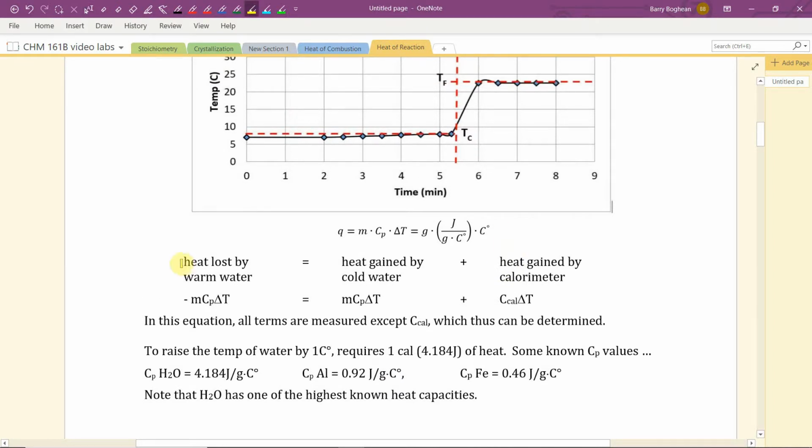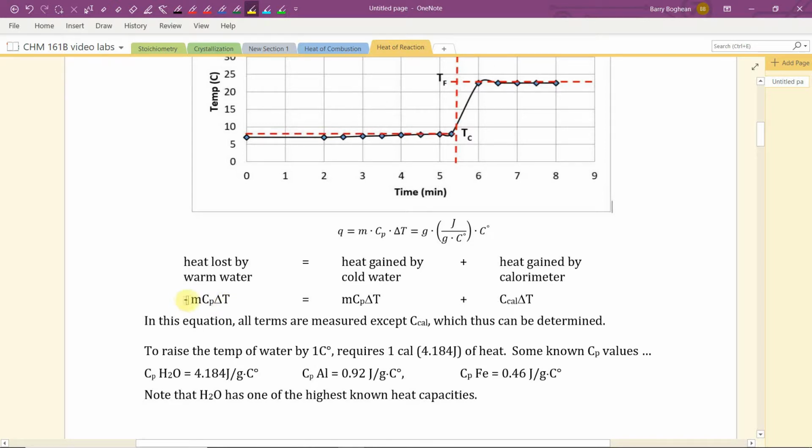We can say that the heat that's lost by the warm water would be the same as the heat gained by the cold water plus the heat gained by the calorimeter, because both of these are gaining heat. We'll calculate it this way. mCp delta T, that's the heat lost by the warm water.